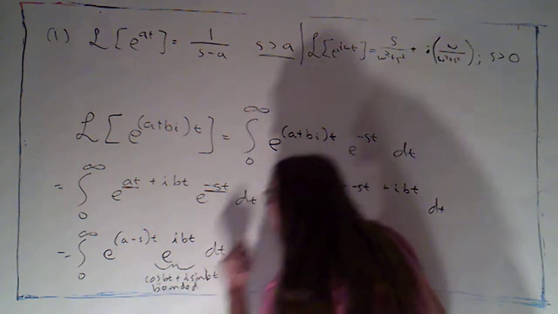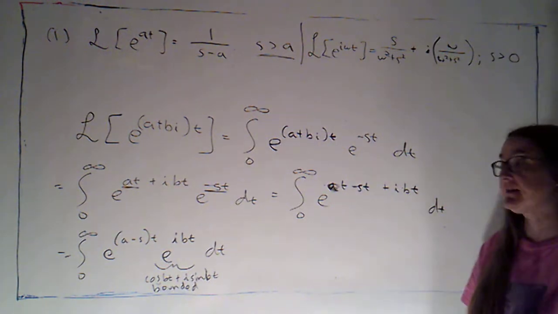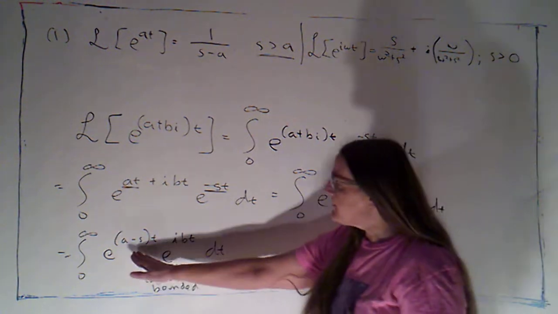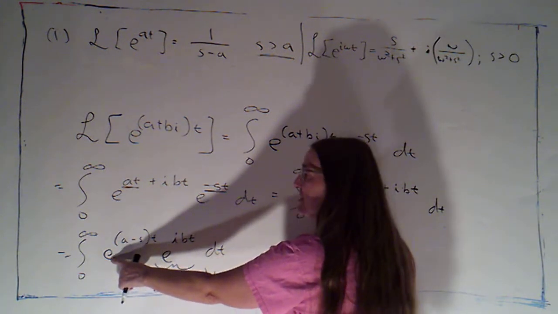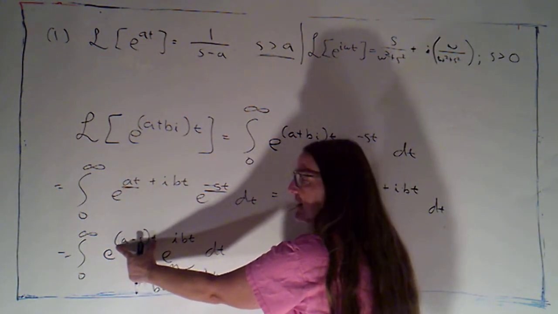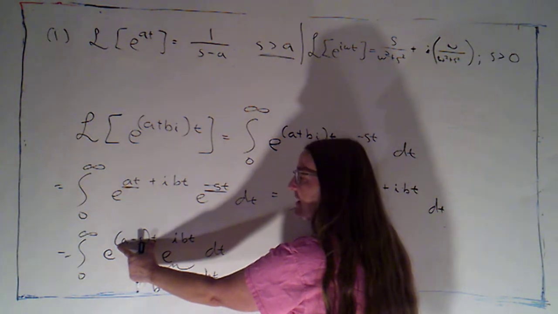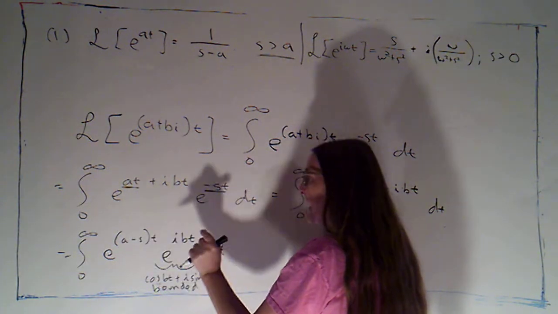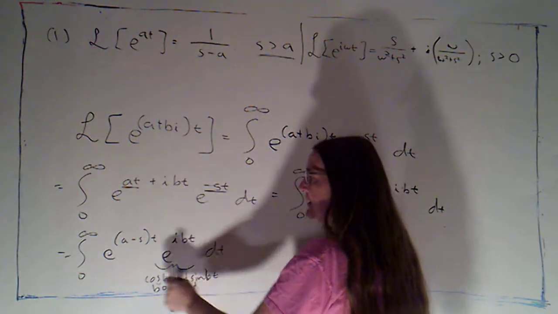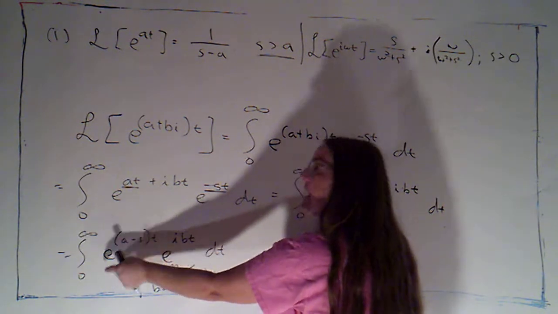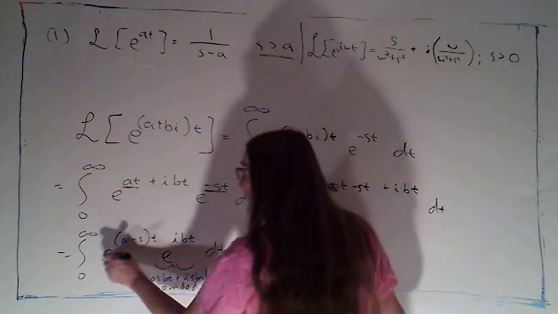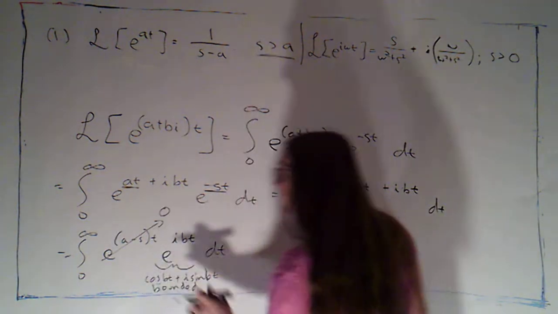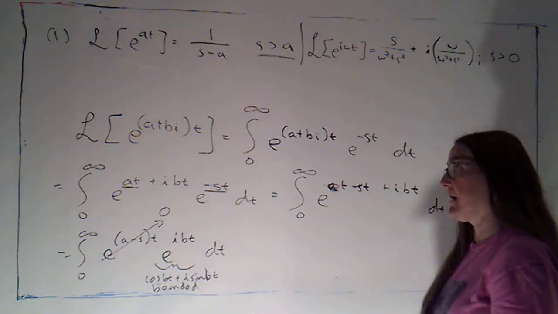So this piece doesn't go off to plus or minus infinity. If this is going to converge, I need this to be a negative multiple of t in the exponent. That way, as we go off to infinity, this is going to be a big negative number, so it's going to go to 0. And if I can make that piece go to 0 and this piece is bounded, the whole thing will be bounded.